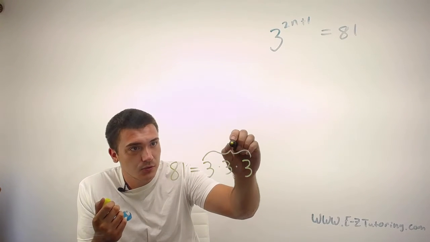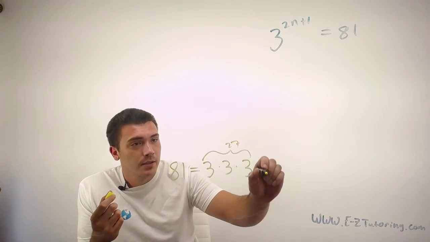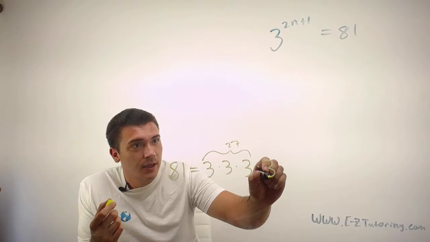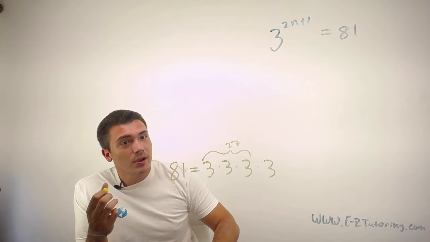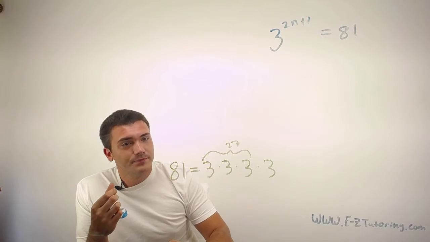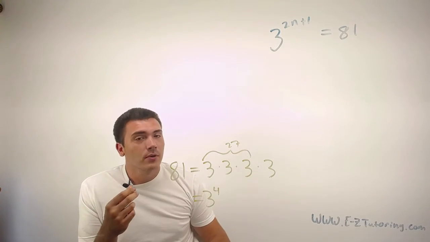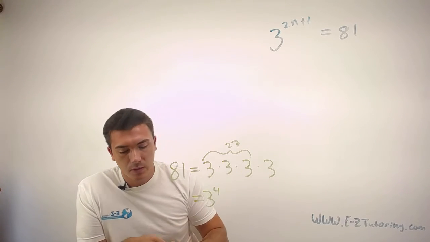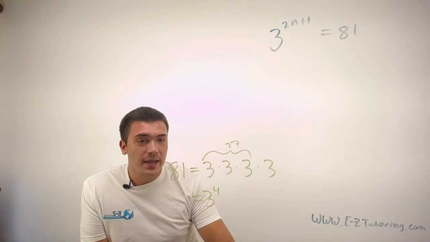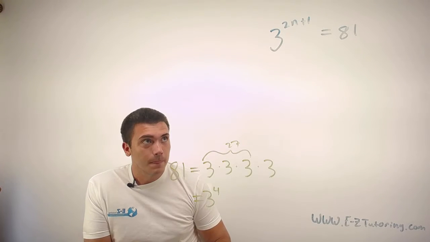So this is 27 times 3, and 27 times 3 gives us 81. So 81 is equal to 3 to the power of 4. Okay, so we just wrote 81 in terms of 3.